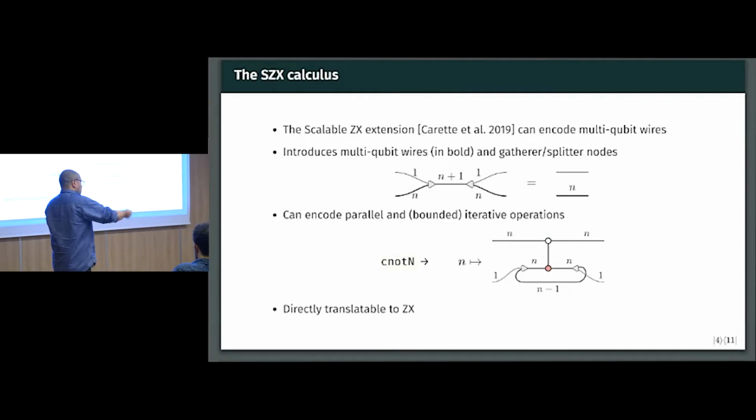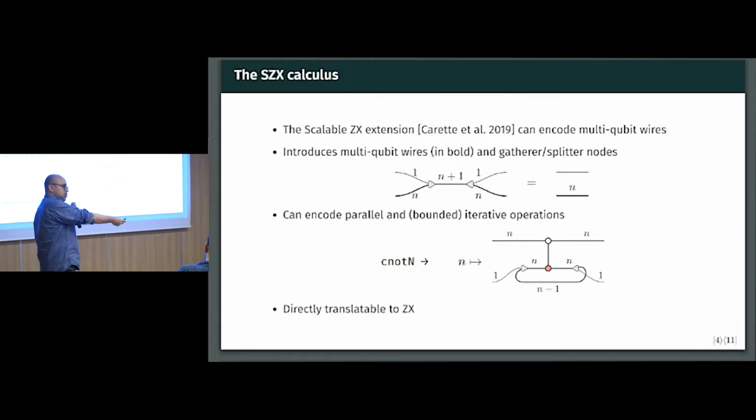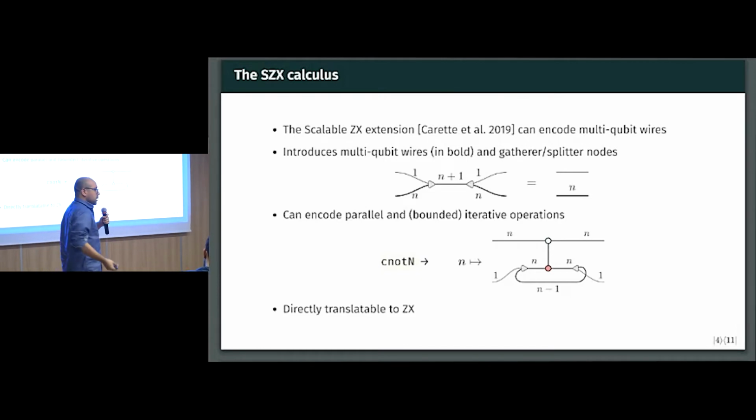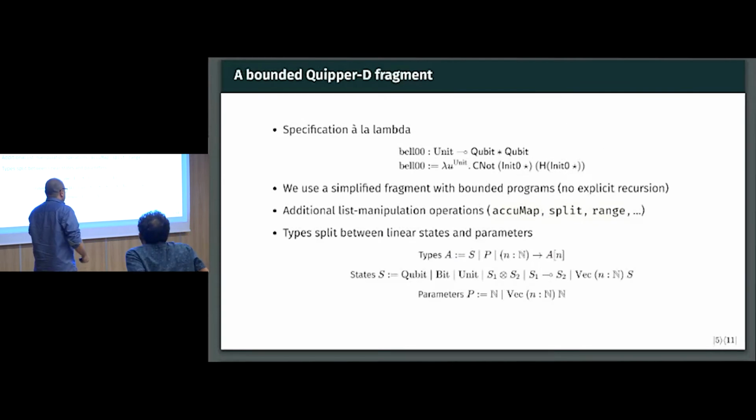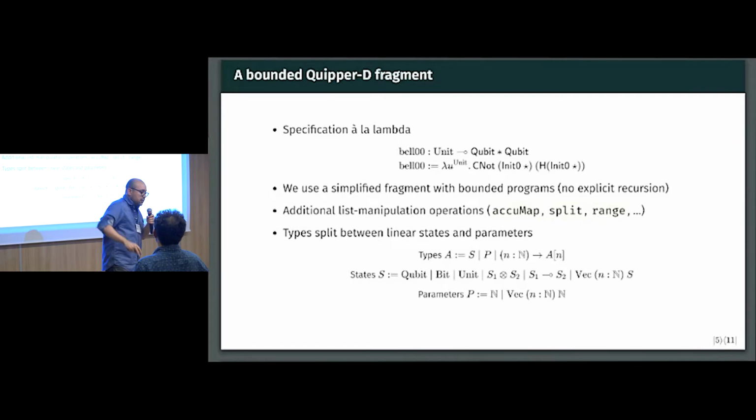So we have our starting point, Proto-Quipper-D. We have where we want to get to, which is these scalable ZX diagrams. So let's talk about the translation. The domain of our translation is a reduced calculus.